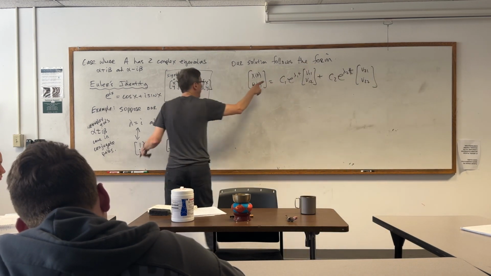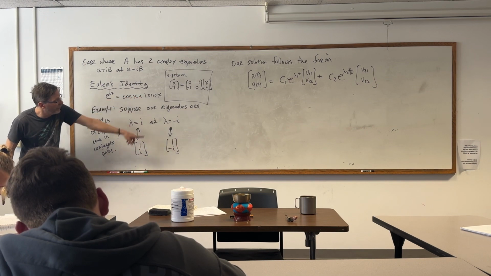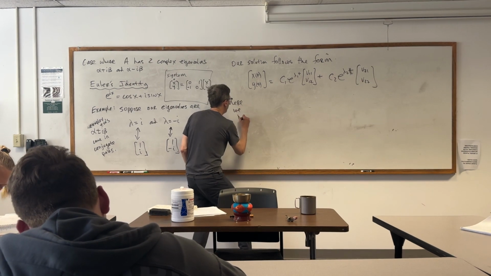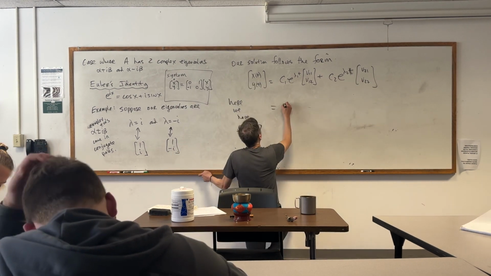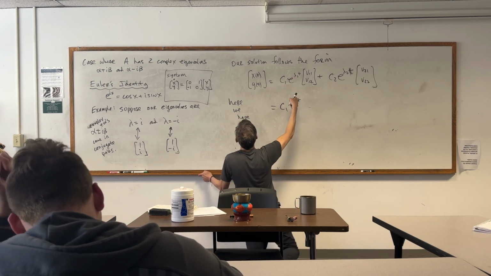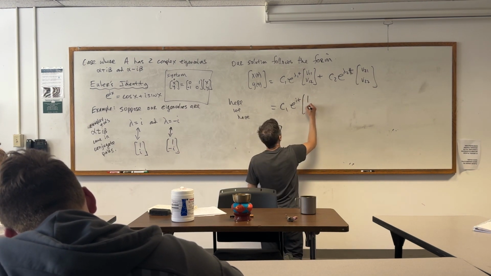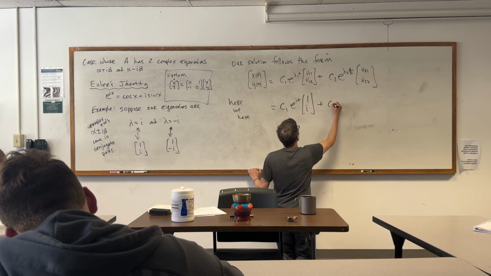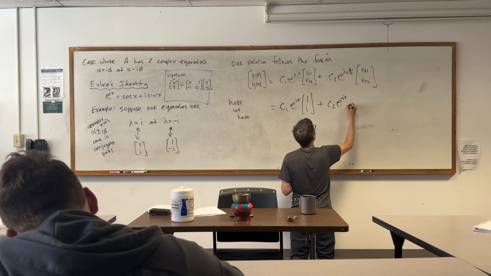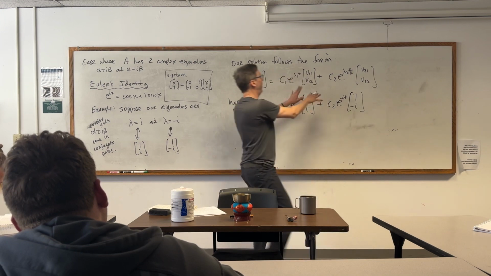But now we're going to plug in i for lambda 1, negative i for lambda 2, and these vectors. So here we have this equal to some arbitrary constant times e to the it, that's why we needed to know what that was, times (1, i), plus c2, another arbitrary constant, e to the minus it, times (1, minus i).